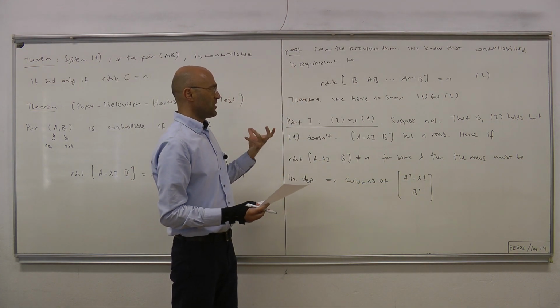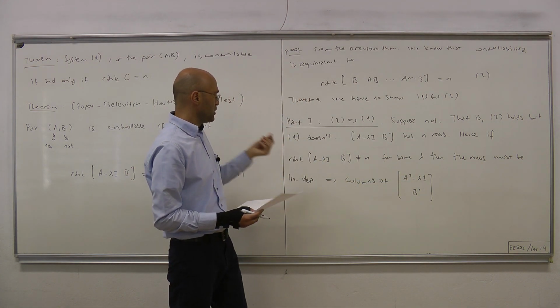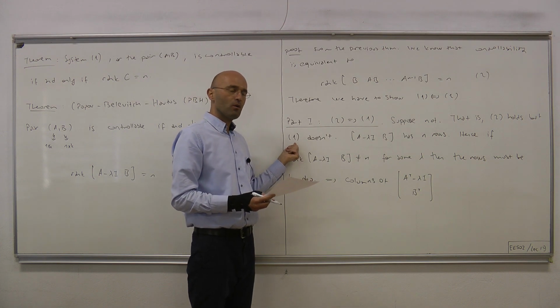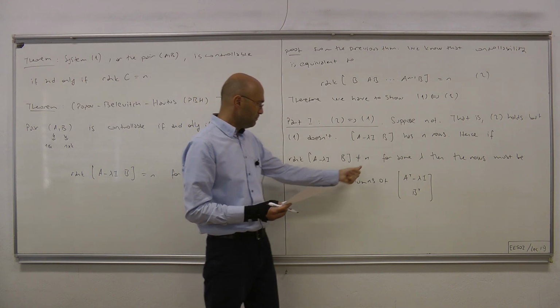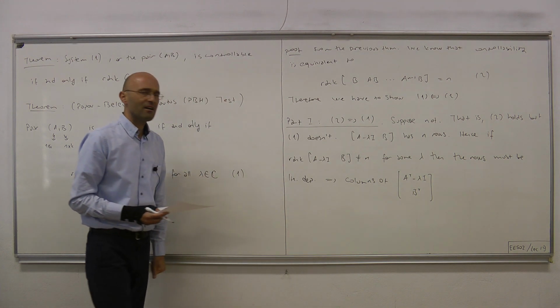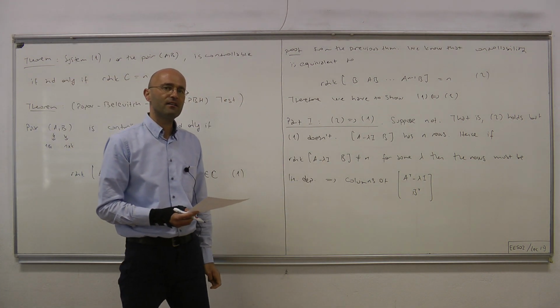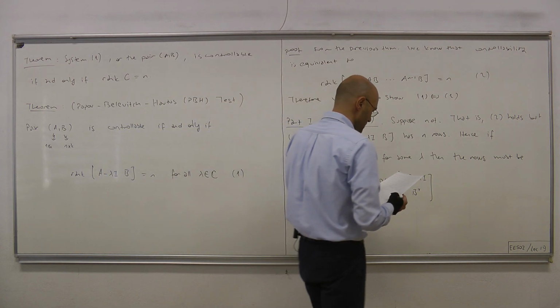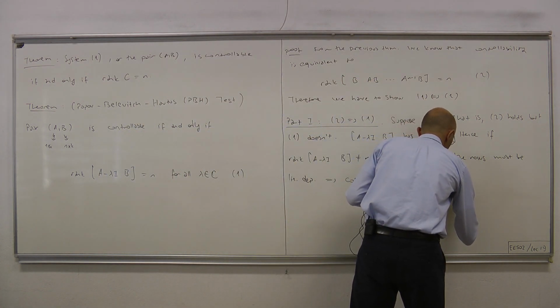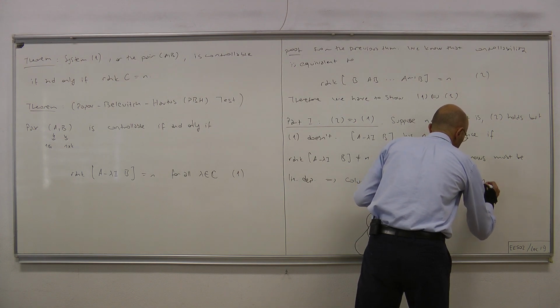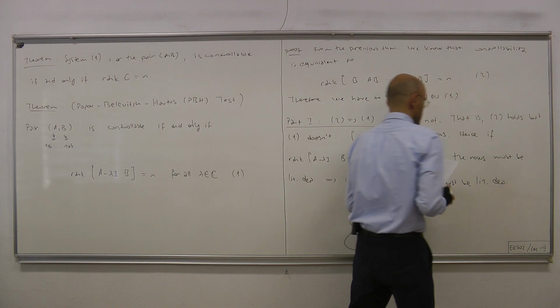Now this is an m plus k by n matrix, meaning that it has n columns. And now we start with the initial condition that condition 1 doesn't hold. Therefore, those n columns, for some particular lambda, must be linearly dependent.